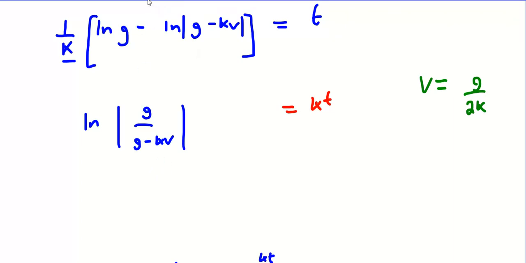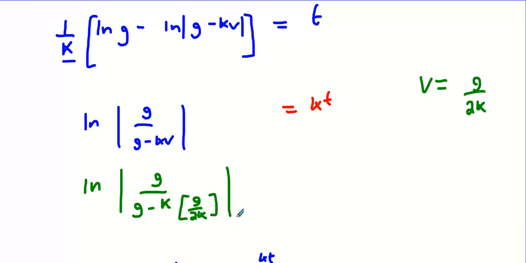With g over 2k, we have kt on the left, and so it's going to be ln of g minus g times k over g over 2k. Now this could work reasonably well. v equals g over 2k, and that equals kt.